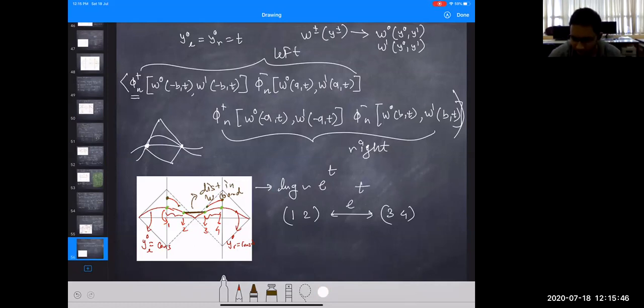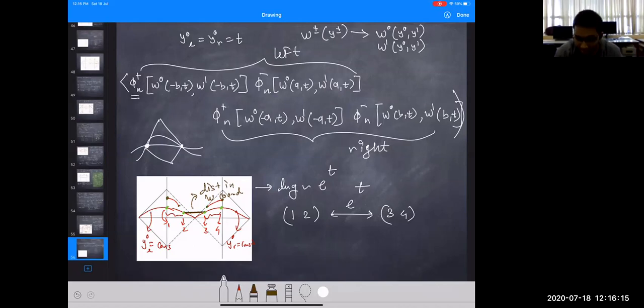People who have studied 4-point functions in 2D CFT know what is happening here: these are OPE limits of two operators in a particular channel, depending on how you name them, and in this limit the cross ratios either go to 0 or 1. What basically happens is the identity channel dominates and you get a factorization. So this 4-point function just factorizes into a 2-point function on the left and a 2-point function on the right.